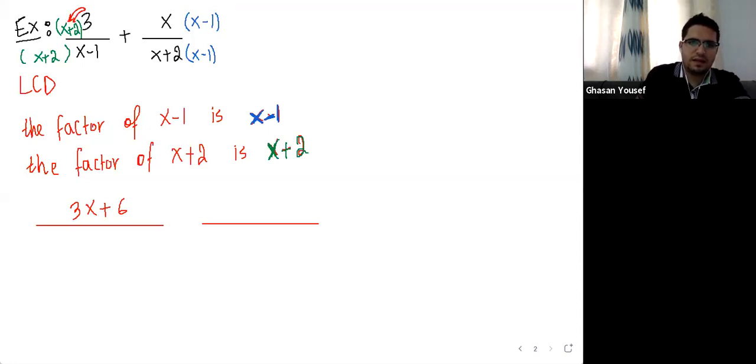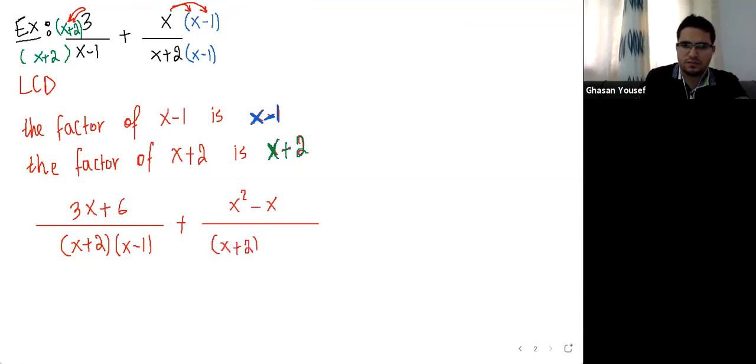And here I can keep it the same, x plus 2 times x minus 1. Then the next one is x squared, because I distribute the x inside the parentheses again, x squared minus x. And the denominator is the same, x plus 2 times x minus 1.